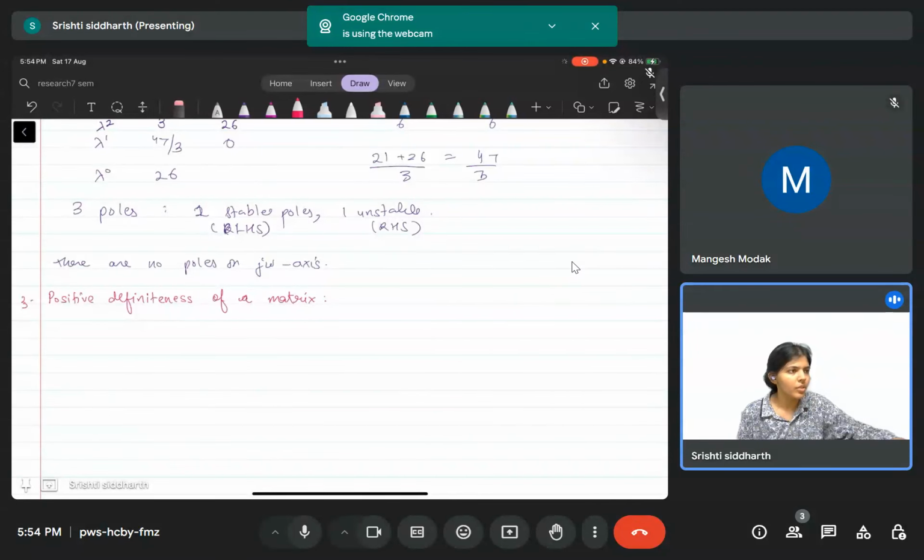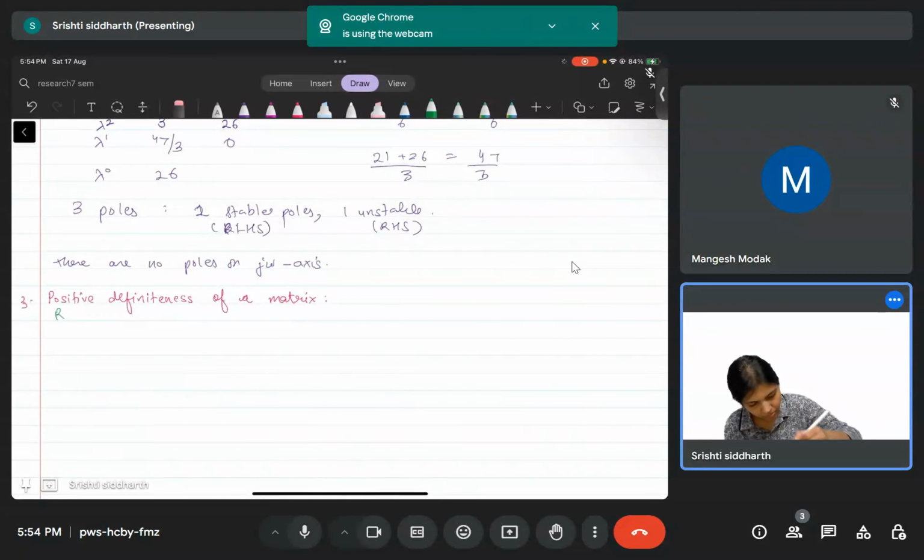So there are just some definitions that I want to clear first, and then we'll look at some examples. So the first question is, why do we need positive definite matrices? Recall from the lectures that we were talking about something called the Lyapunov function, and we were describing this as x transpose Px. So x are the states, so it can be a 3x1 vector, or for an n-dimensional system it could be an n-by-1 vector.